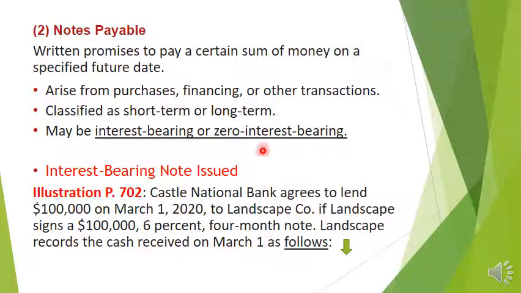The same types we took in notes receivable. Interest bearing note issued. Here is an example: National Bank agrees to lend 100,000 on March 1, 2022 to Landscape Company. If Landscape signs a 100,000 6% 4-month note, Landscape records the cash received on March 1 as follows.